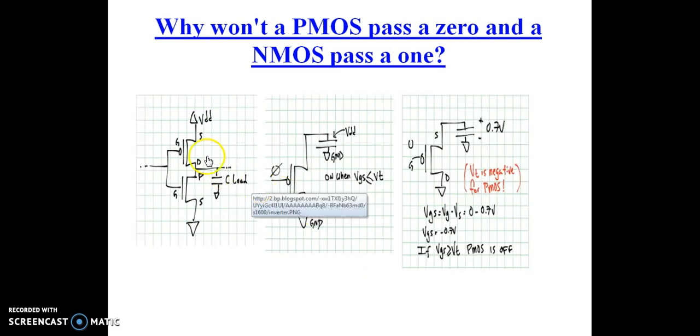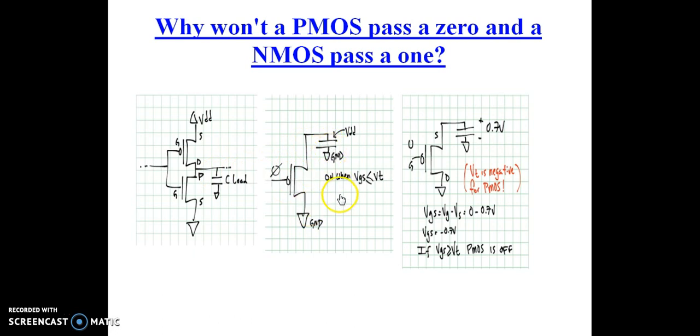Next thing, why PMOS won't pass strong 0. So again we have the same diagram of the inverter. We have changed the position of the PMOSFET in place of the NMOSFET. So here we have replaced NMOS by PMOS. So this is PMOS and this is the capacitor which is connected to this terminal.